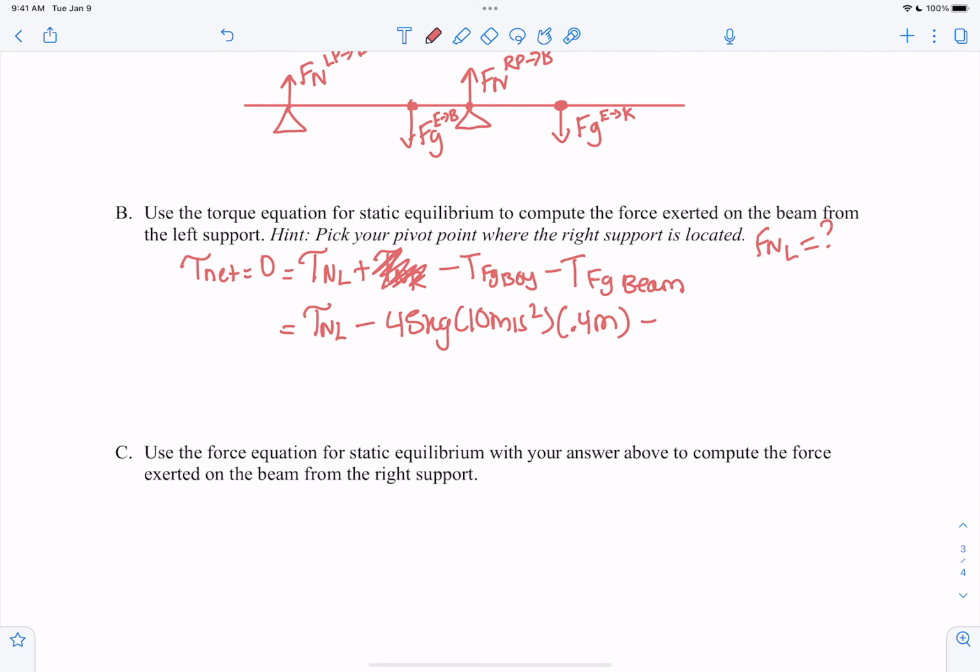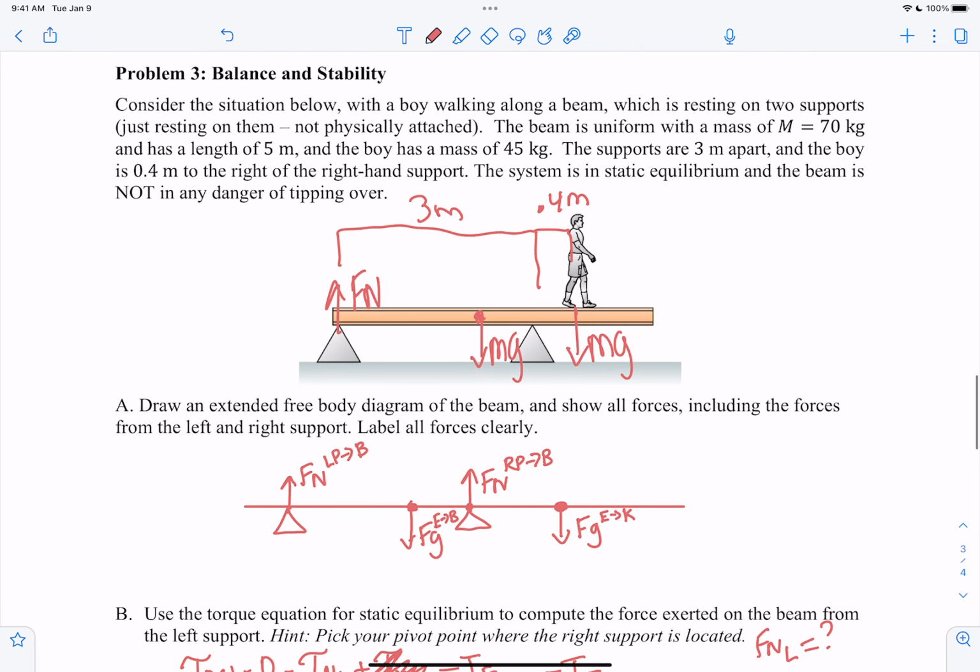And then we also have the torque due to the beam. Here it's a little bit more difficult, I think, to figure out.